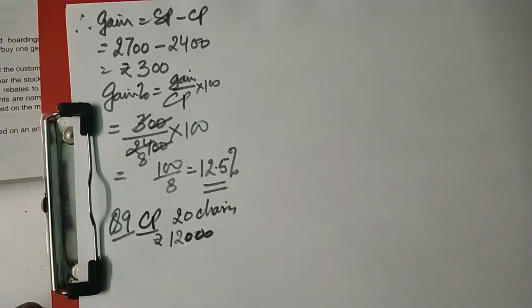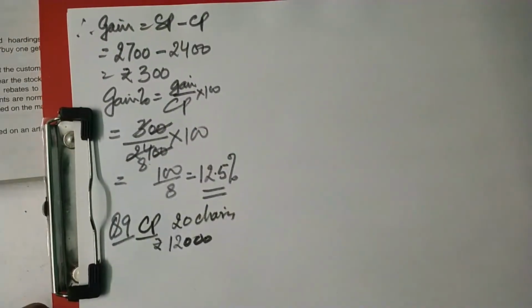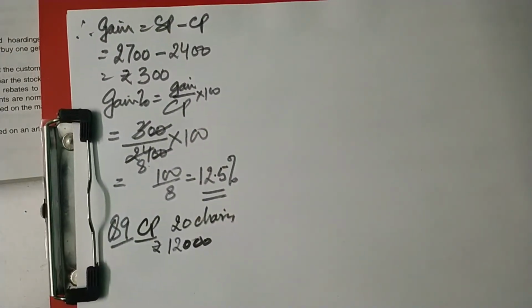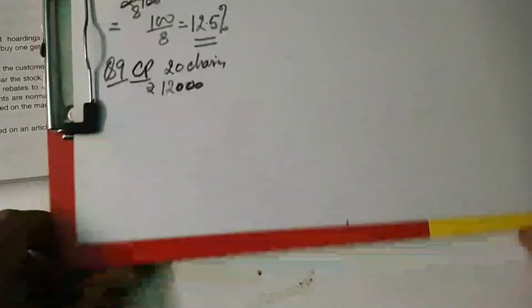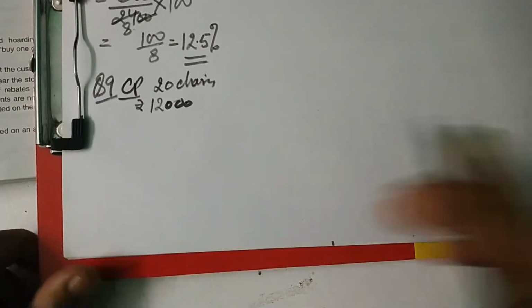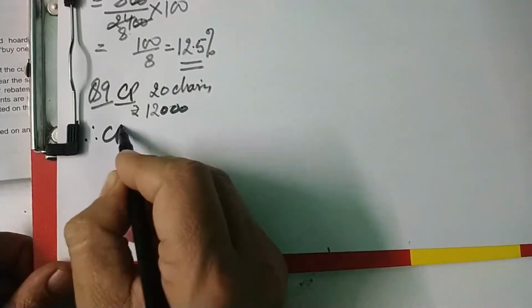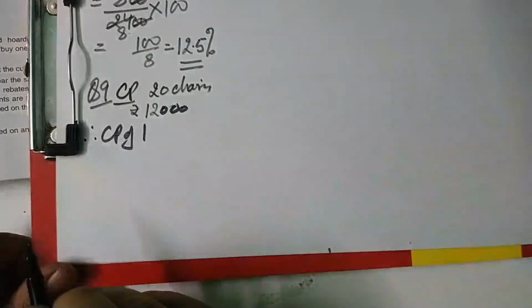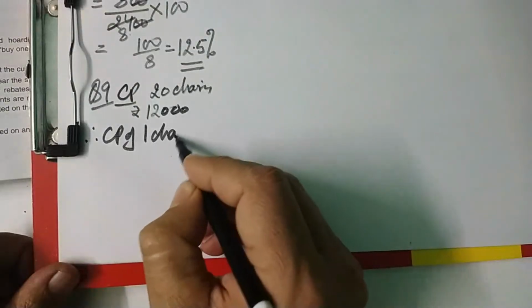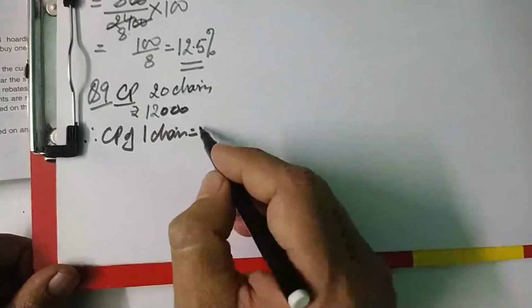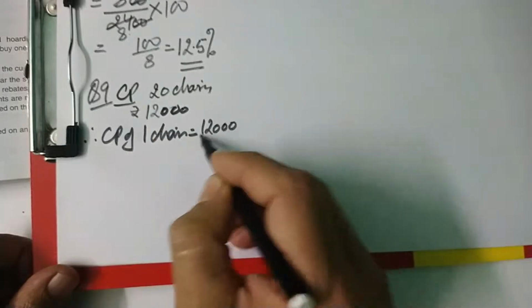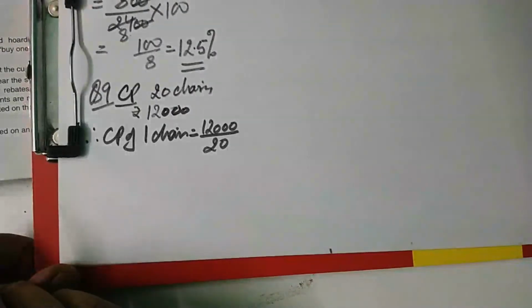So he has bought 20 chairs for 12,000 and sold them at a profit equal to the selling price of 4 chairs. So since this is the CP of 20, you will find the CP of 1. One chair will be 12,000 divided by 20. This will give you the CP of one chair.